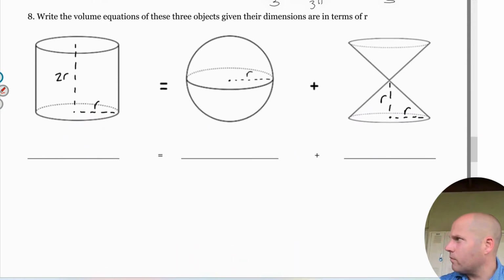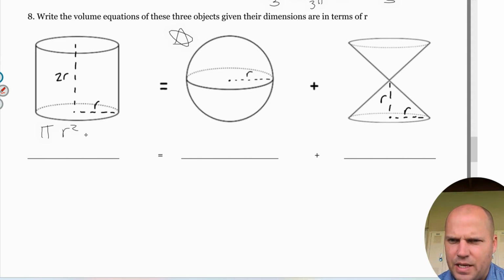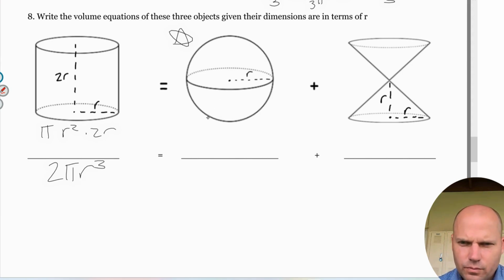Cool. This kind of showed you how we introduce spheres, but it's important to be able to write equations of these shapes in terms of just r instead of using numbers. So, for example, this cylinder starts as pi r squared, which is the area of the base times the height. I would then simplify that to be 2 pi r cubed.